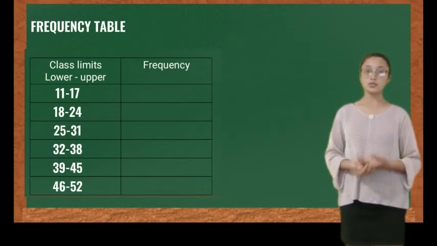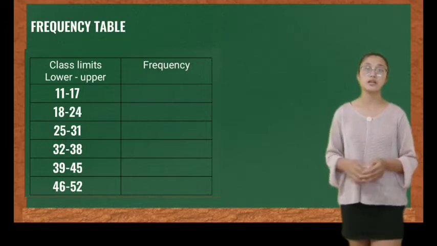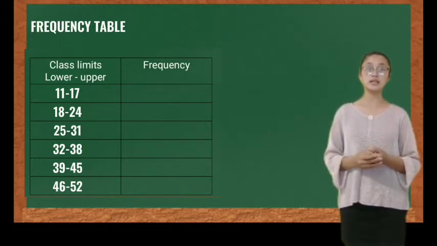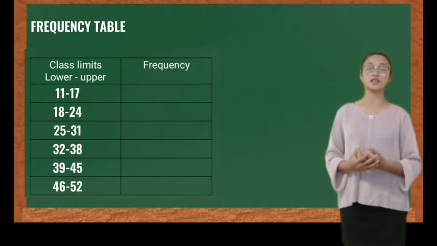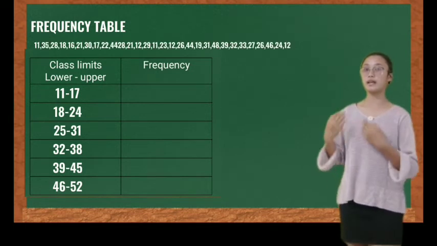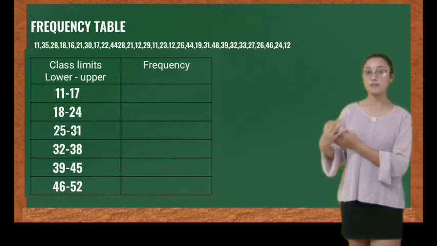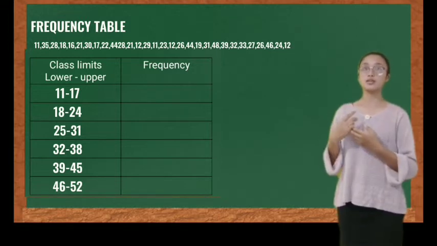The second thing to do in making a distribution table or the frequency table is to identify the frequency of each class, and it can be done by the tallying process. For example, in our data, 11 falls into the first group, which is 11 to 17.